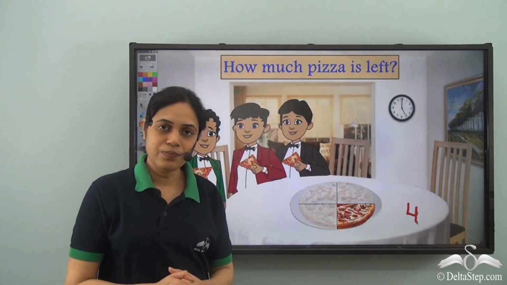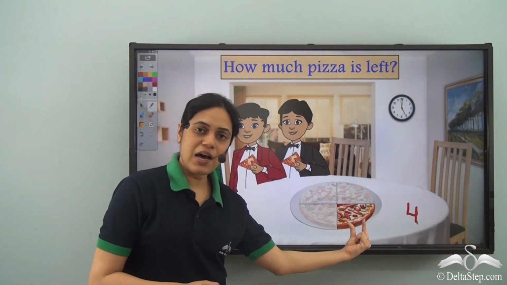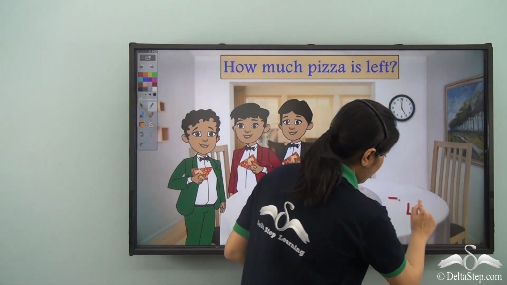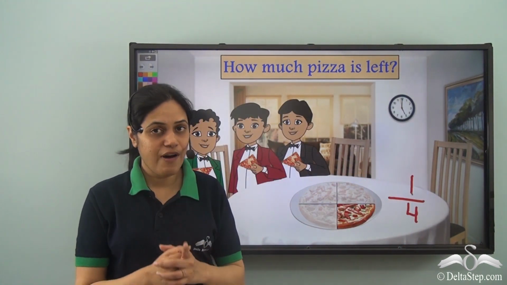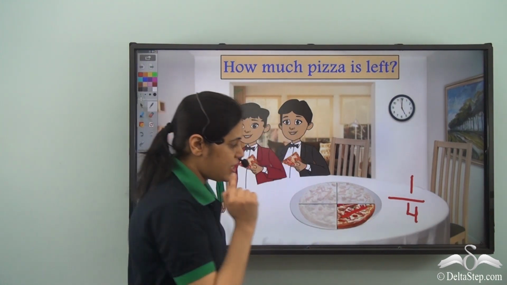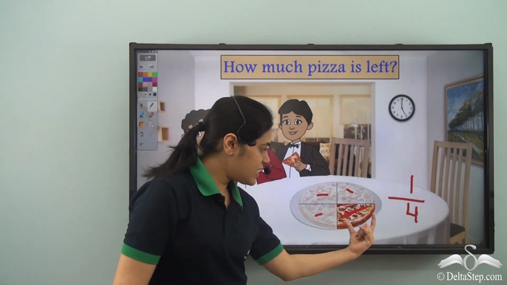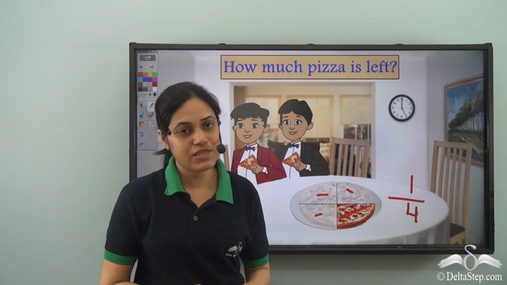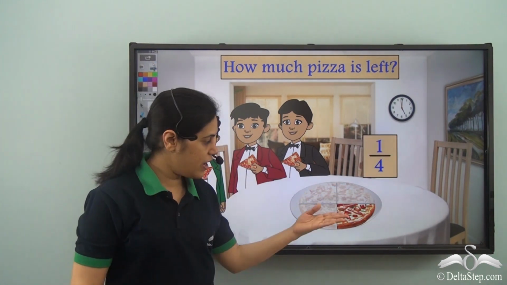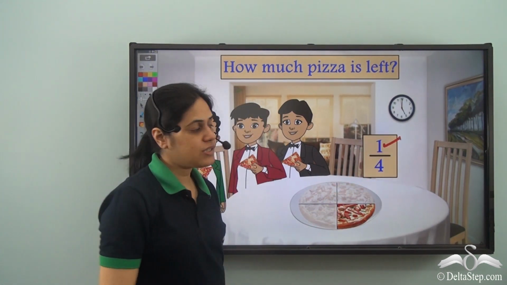And how much pizza is left on the plate? 1 out of 4 equal parts. So I can say that 1 by 4, or 1/4, of the pizza is left on the plate because it is 1 part out of 4 equal parts.